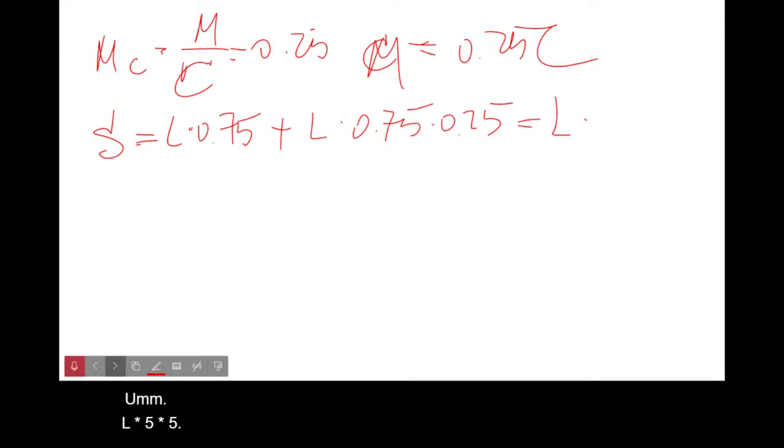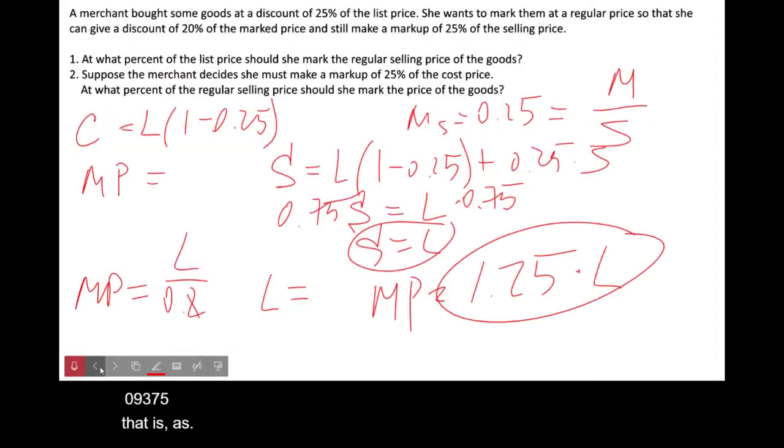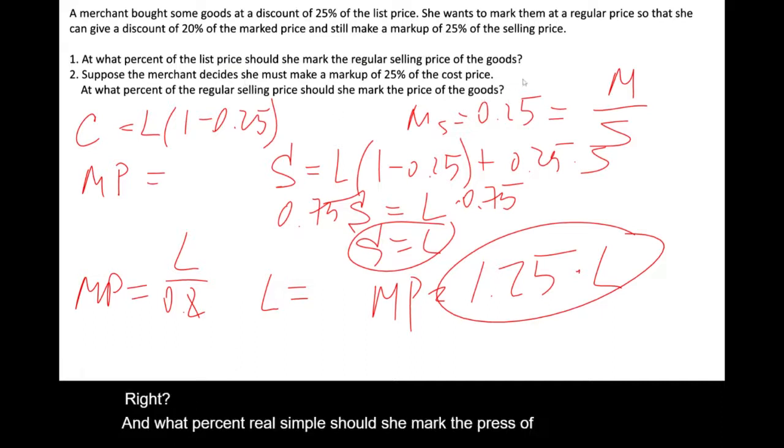So L times, let me calculate, hold on, 0.75 times 0.25 plus 0.75, 0.9375. That is S, right? And what percentage should she mark the price of the goods?